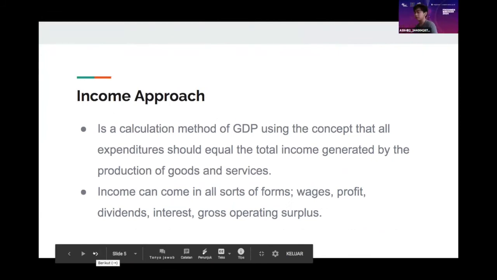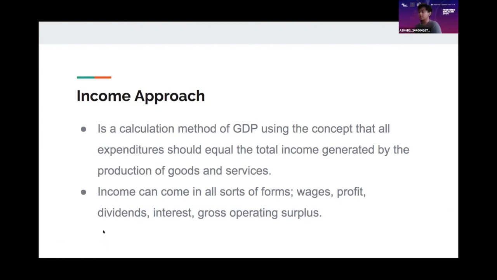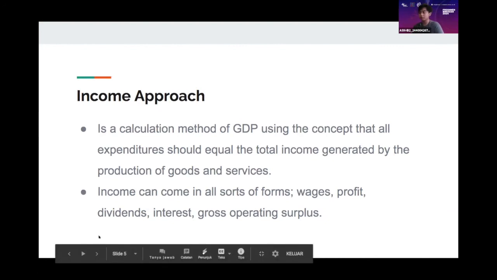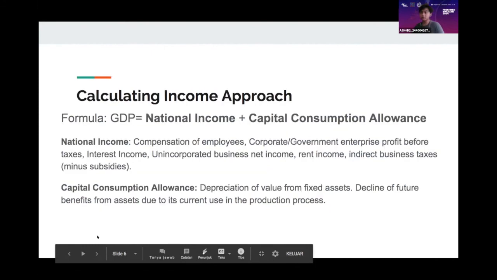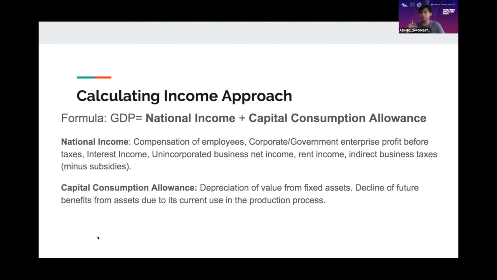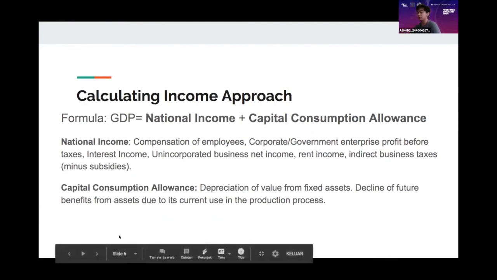The second approach is the income approach. It's basically the reverse, looking at the expenditure approach from the other side. Basically, the total income generated should equal the same amount of expenditure. And the income comes in all sorts of forms. You can have income from your businesses, from compensation of employment, basically your wages, from rent, or if you have a business and all the profits go to you instantly, that can also be a form of income.